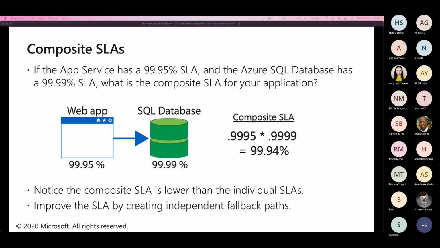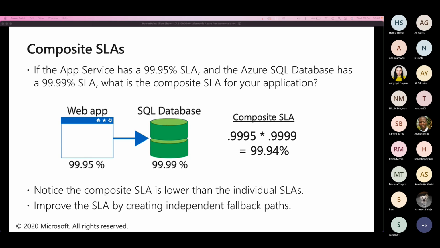So because they are independent systems, and they can be down at different times, the overall downtime can be greater than for the web application and the SQL database individually.